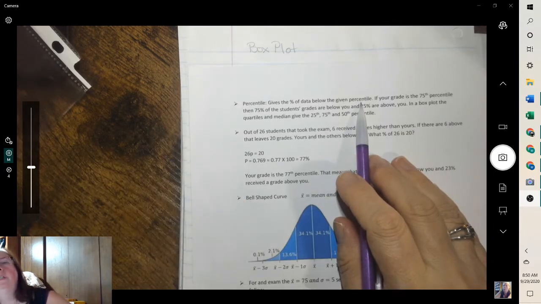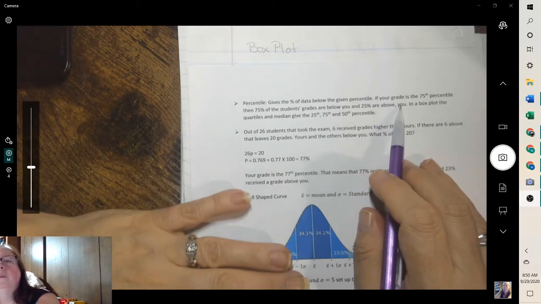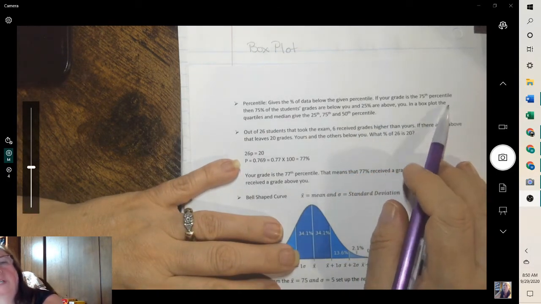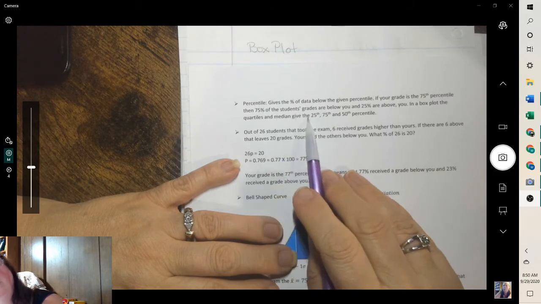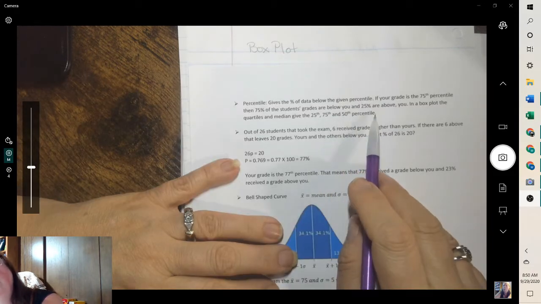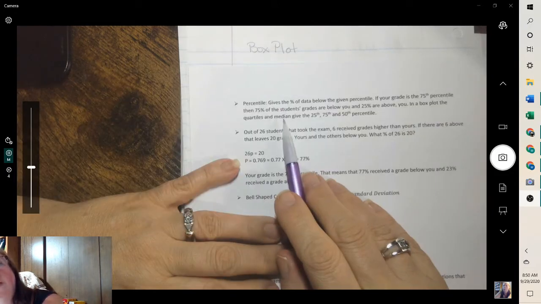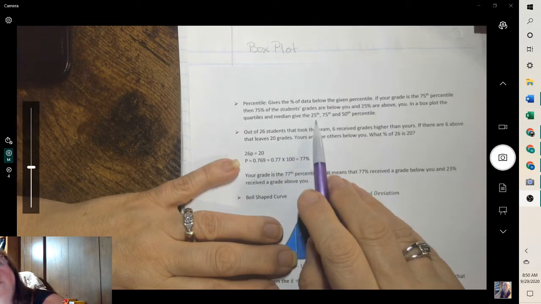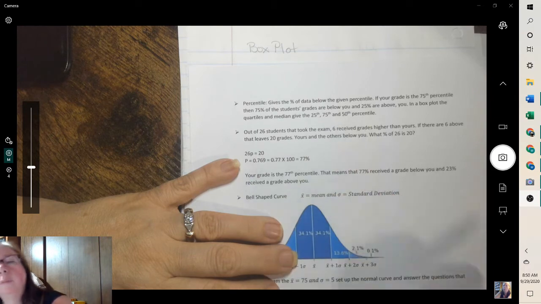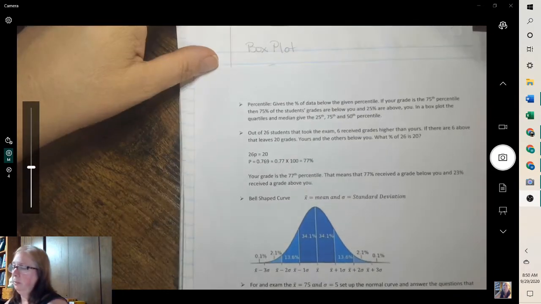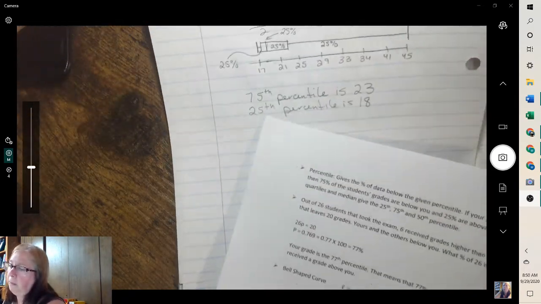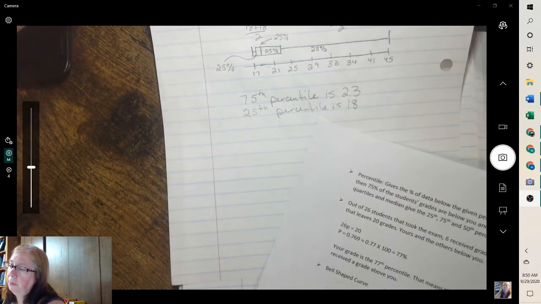If your grade is the 75th percentile, then 75% of the students' grades are below you and 25% are above you. In a box plot, the quartiles and the median give the 25th, 75th, and 50th percentile. It can give you your percentiles.